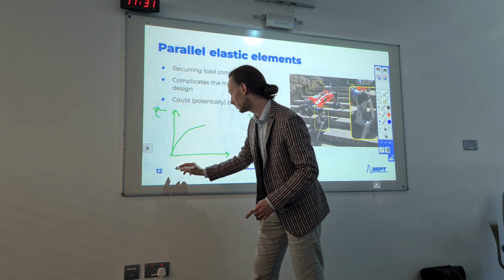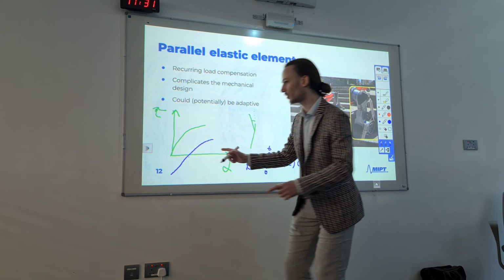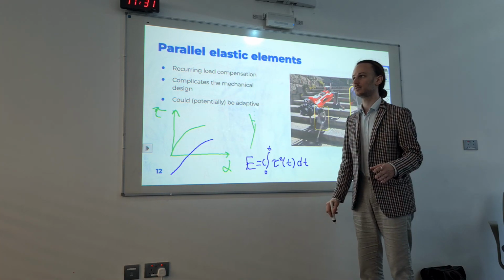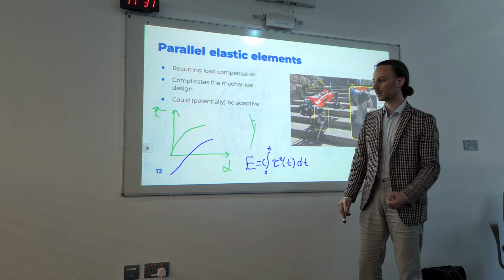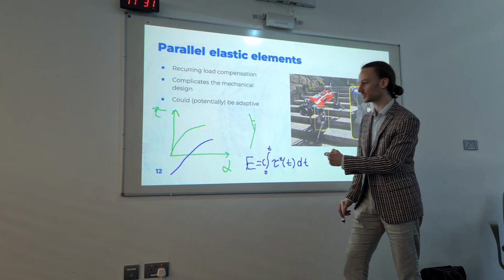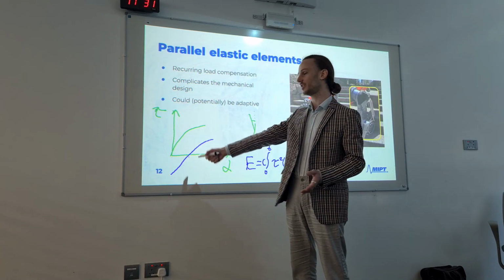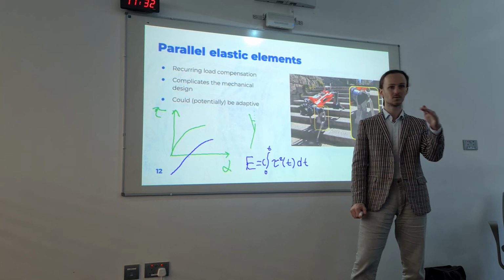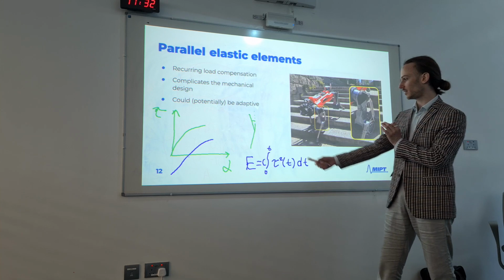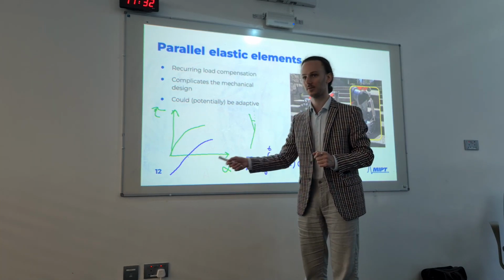So the torque is 0. If I'm going up, the torque has one sign. If I'm going down, the torque has the other sign. The cool thing is that at first glance it seems like we didn't change much. We have just moved everything down. But the integral of the square will actually be smaller.